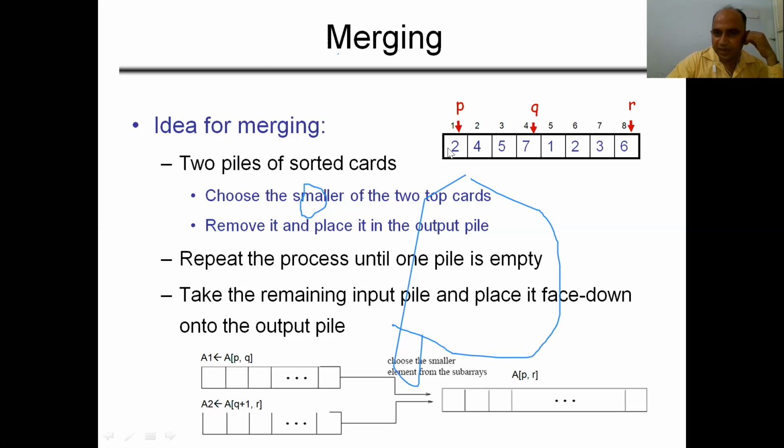Here we can see this array contains two subsequences. One subsequence is 2 4 5 7, the other is 1 2 3 6. So we have a single array, but there are two sorted sequences placed in it. So we have to merge these two subsequences into this array A. How can we solve this problem?